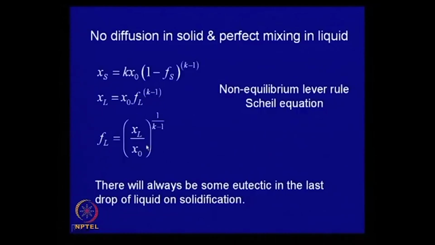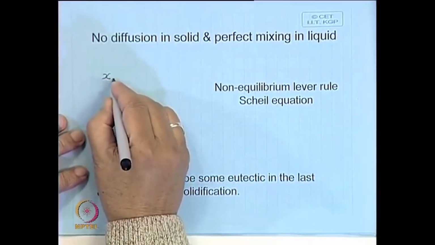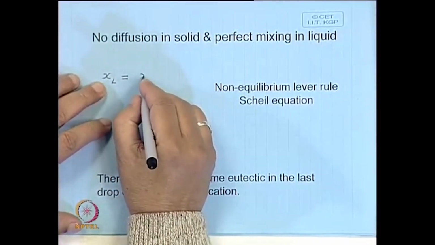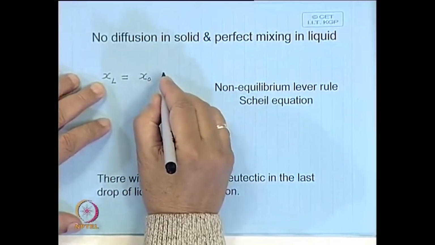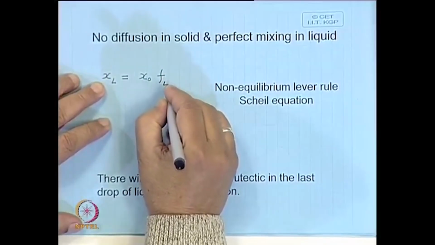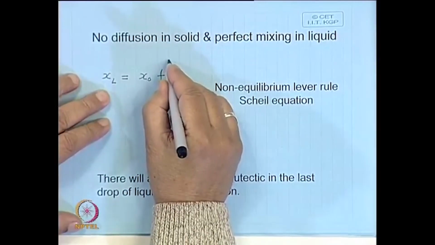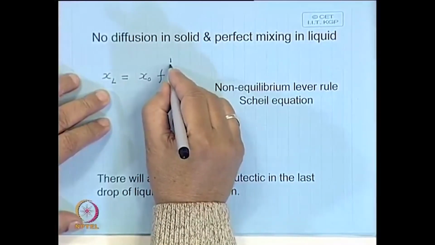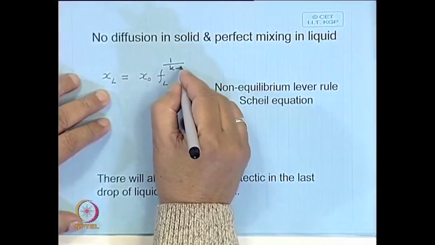Now, it is interesting, if you look at this expression a little critically, what it shows is that concentration x L is equal to initial concentration times the fraction liquid to the power k minus 1.